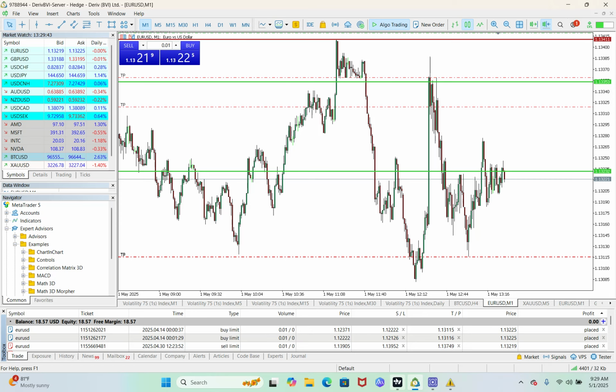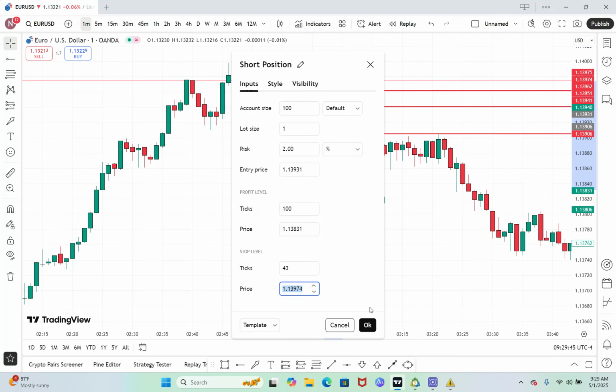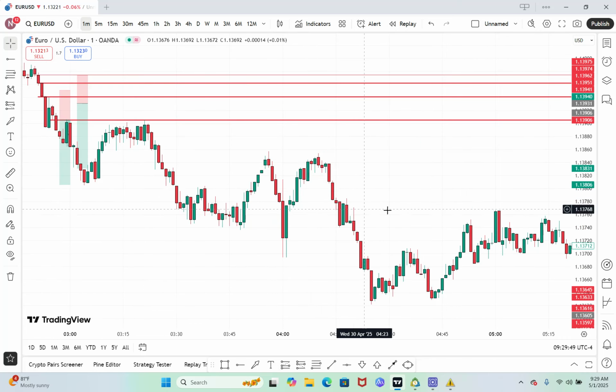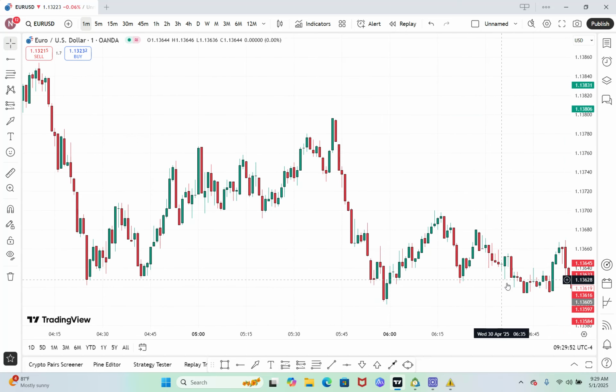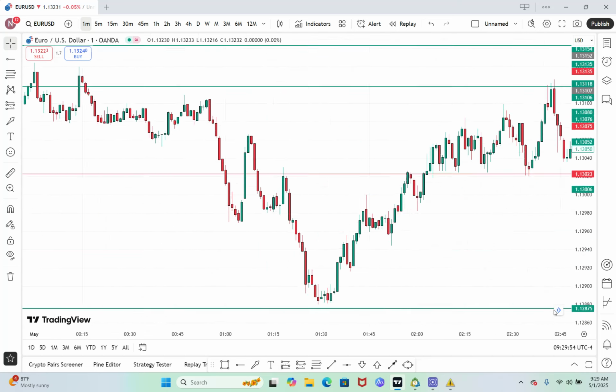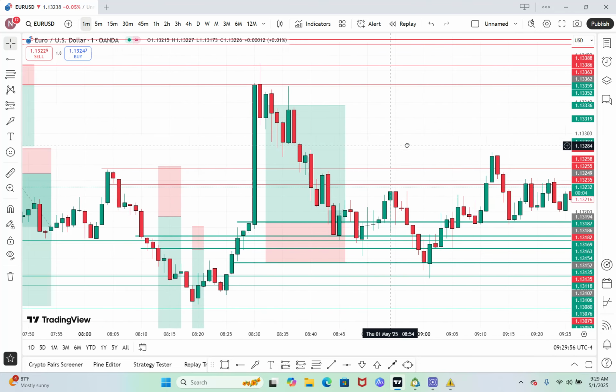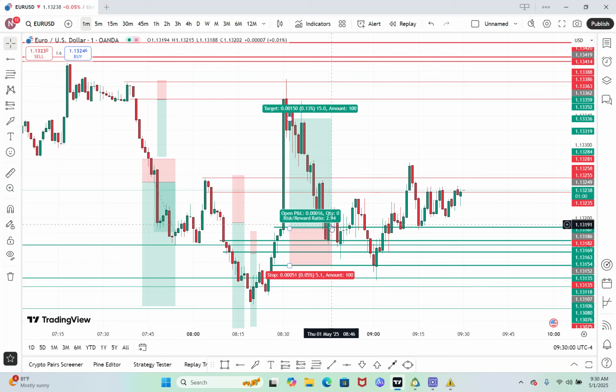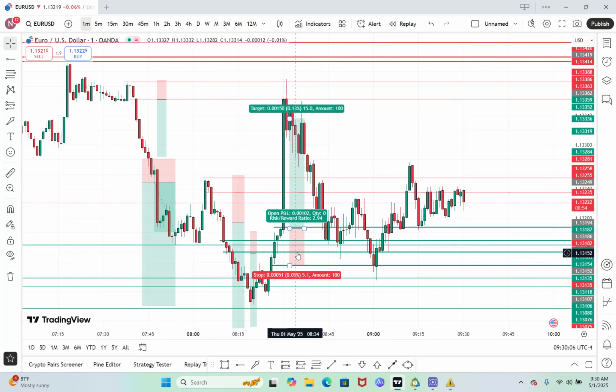Okay, so what we're going to do is just wait around, and we're playing a wait and see game at this moment. So we got stopped out of this trade.